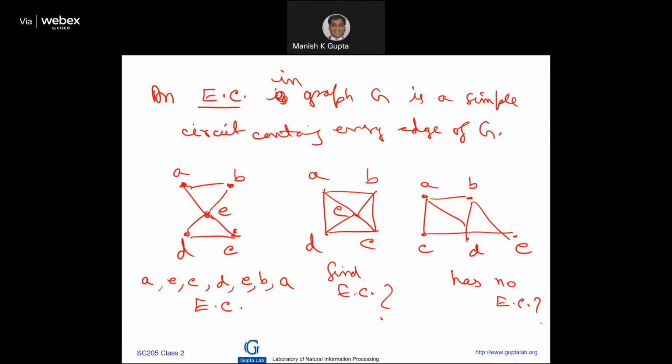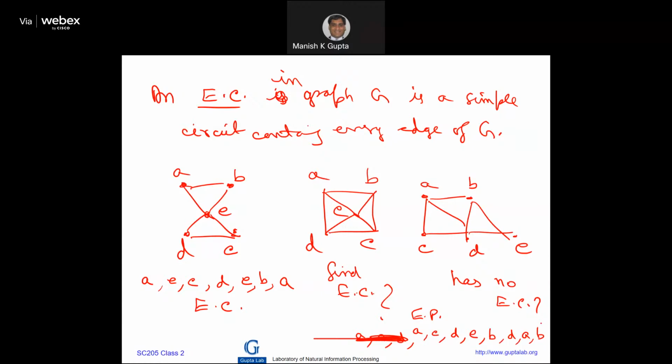But this graph has an Euler path. Euler path means a complete circuit is not there, but a portion of it. So A, C, E, D, A. This is an Euler path, but there is no Euler circuit.